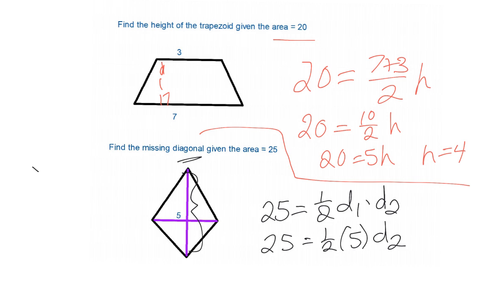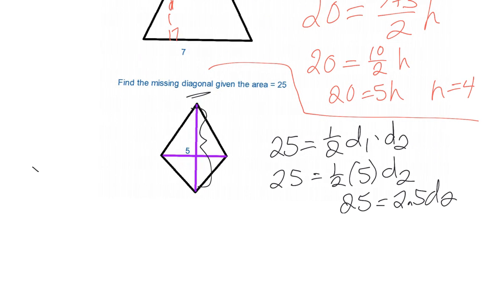So I'm going to take half of 5. So 25 is equal to 2.5 D2, and then divide by 2.5. I get that my second diagonal is equal to 10.